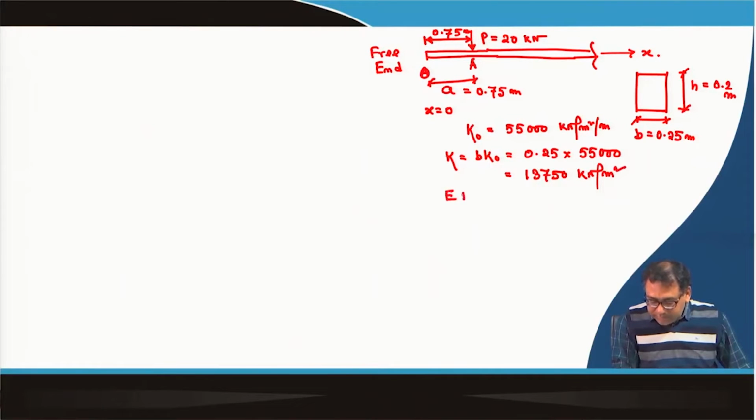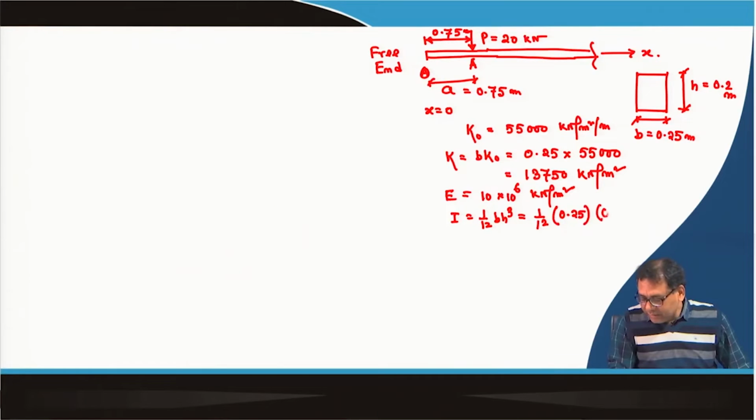E is given here as 10 into 10 to the power 6, or 10 to the power 7 you can say, and we can calculate I as 1 by 12 BH cube. So, this is 1 by 12, B is 0.25, then H is 0.2 cubed.